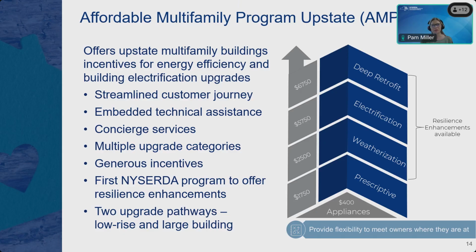These incentives will be available for eligible projects, and they're meant to help them take steps to protect their investment and to reduce current and future climate risks from flooding, extreme heat, and wind to energy-saving measures and building residents. AMP Up offers two upgrade pathways. We have a low-rise pathway and a large building pathway. Next slide, please.